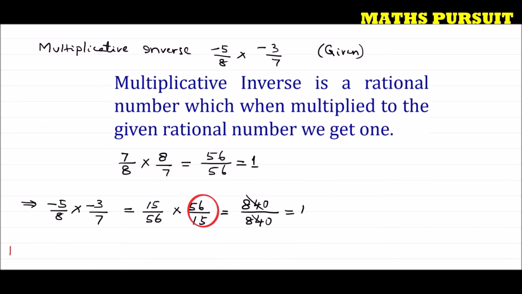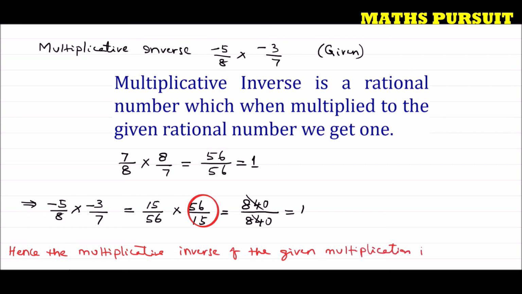So we can write our answer as: hence the multiplicative inverse of the given multiplication is 56/15. Hope guys you understood this.